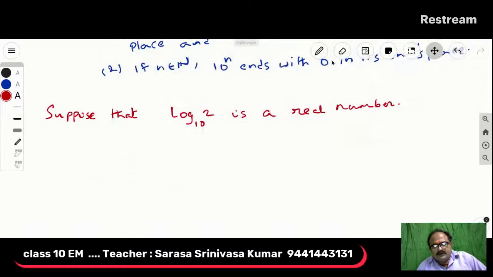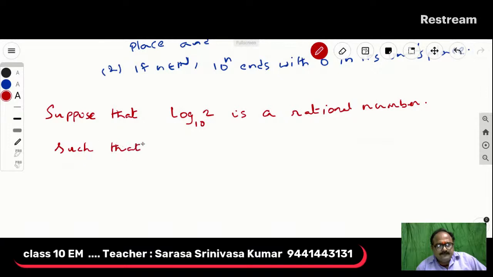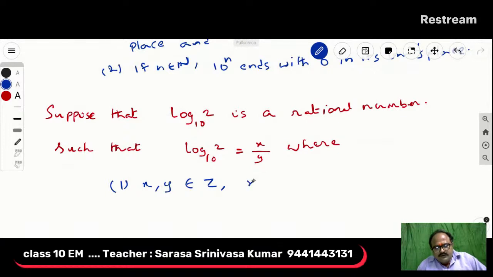Suppose log 2 base 10 is a rational number, such that log 2 base 10 equal to x by y, where number 1, x and y are integers and y is not equal to 0.